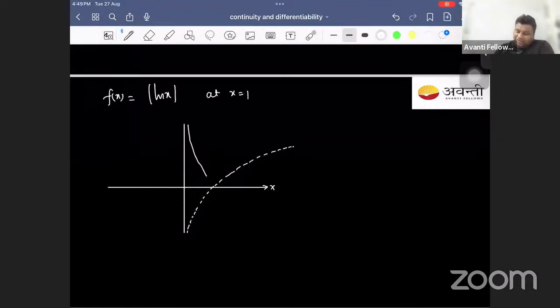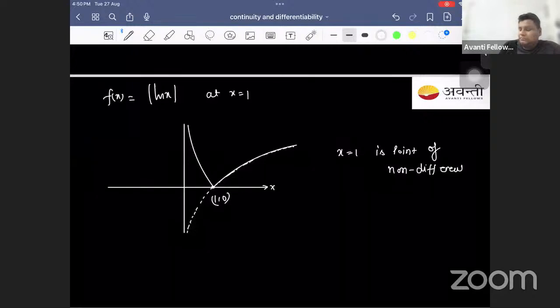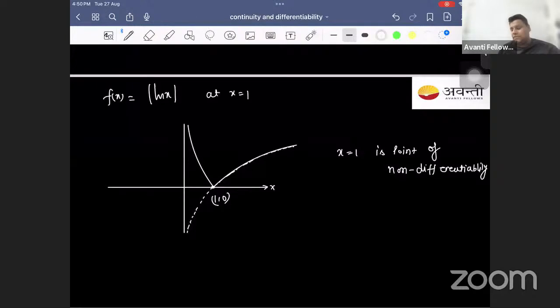So the graph will be like this. Got it? This point is what? 1, 0. And it is very much clear that there is a sharp corner at this point. So x equals to 1 is point of non-differentiability. Got it?